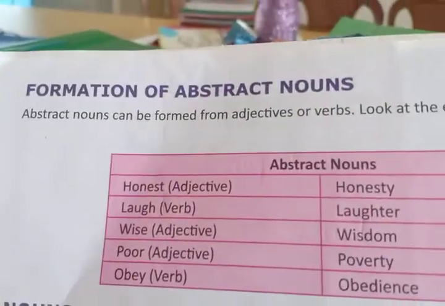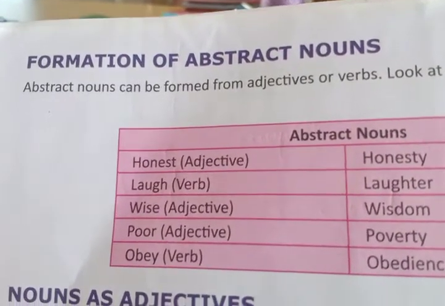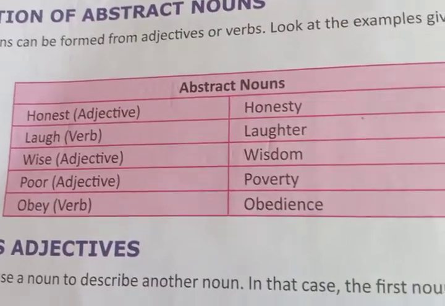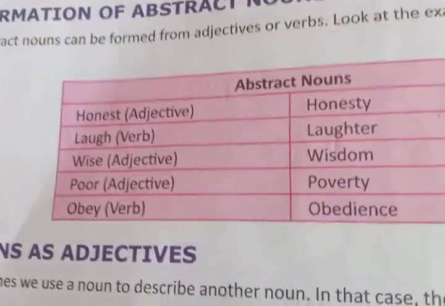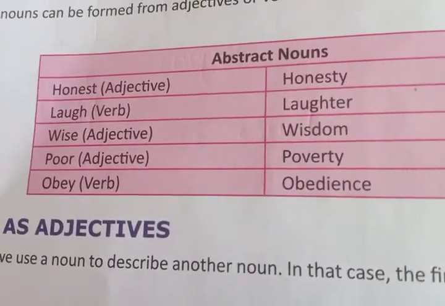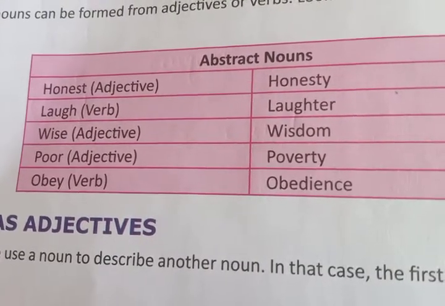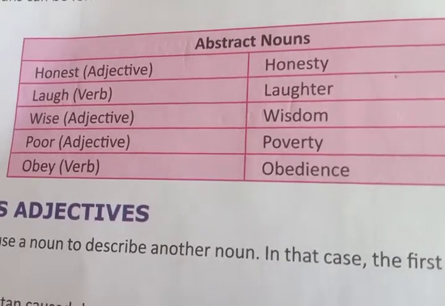Formation of abstract nouns. How abstract nouns can be formed. Abstract nouns can be formed from adjectives or verbs. Look at the examples given below. Honest is an adjective. If we turn it into abstract noun, it will become honesty.